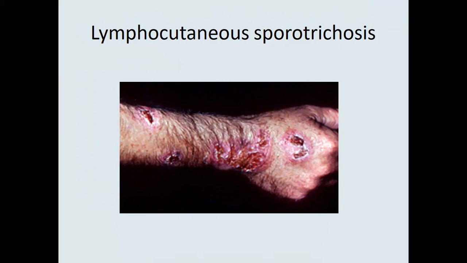Although I would think they let this go. It looks like maybe it started here, I'm not sure. And it will continue to progress along those lymphatic vessels. So you see how it's kind of moving up the arm from there. But clearly much worse than a sort of ringworm infection.